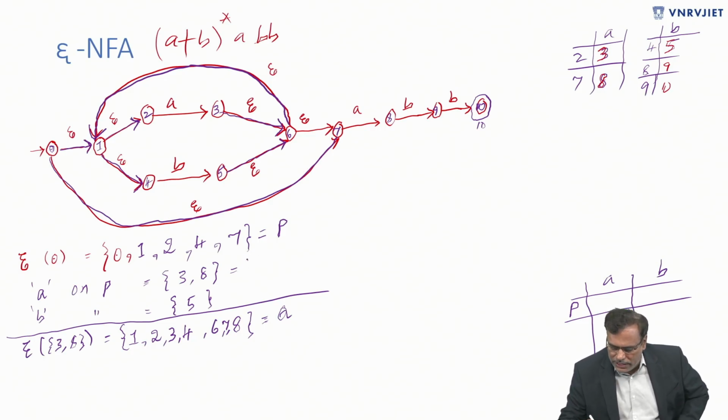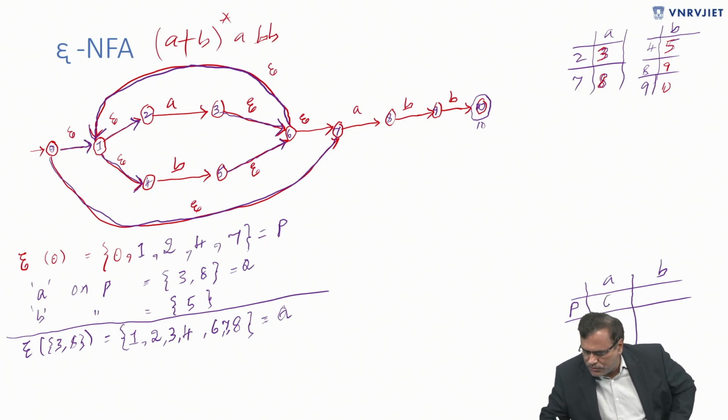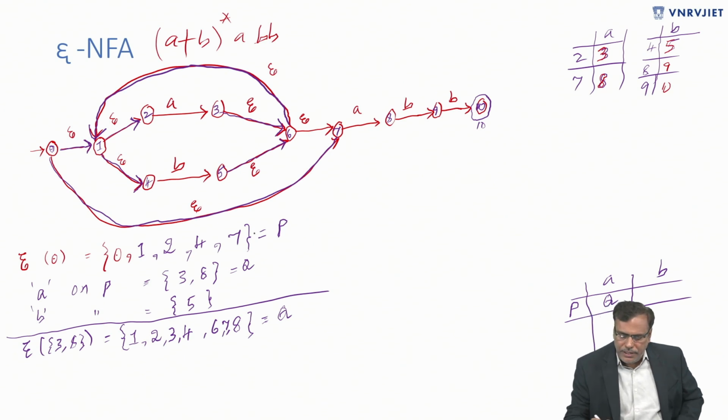The epsilon closure of 3, 8 is Q, your given name. So from P on A, you can go to the state Q. I think you understood this. From P on input A, you can go to the state Q.